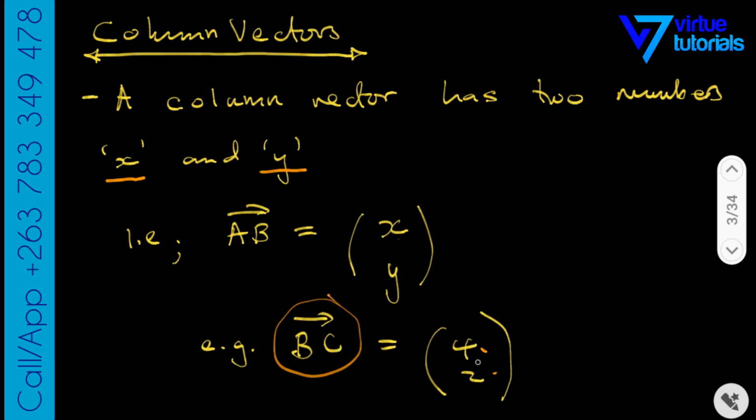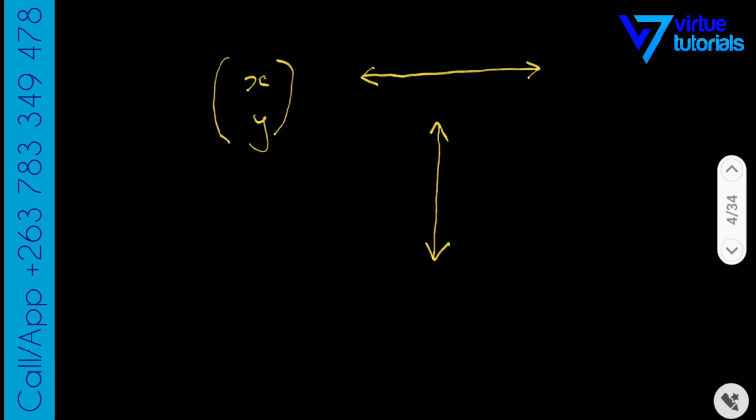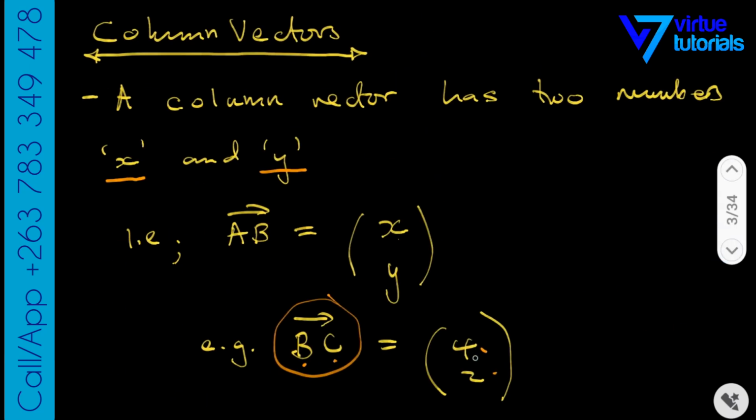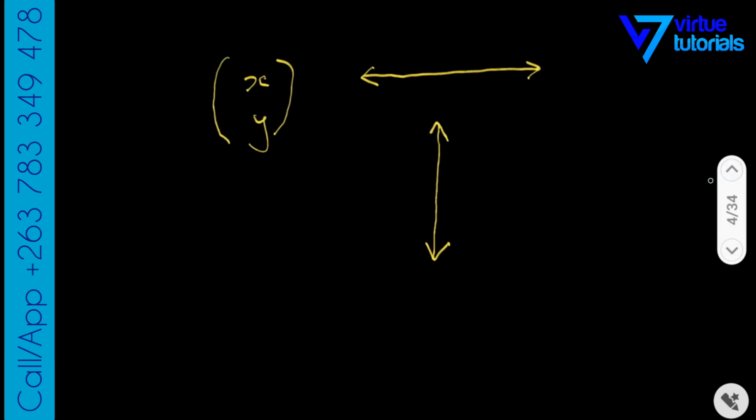Believe it or not, these two numbers are a complete description of how you move from B and get to C. Now, for you to make sense of these two numbers and how they can describe movement between 2 points, you need to understand that there are two reference directions. The first direction, I'm going to call it the x direction.